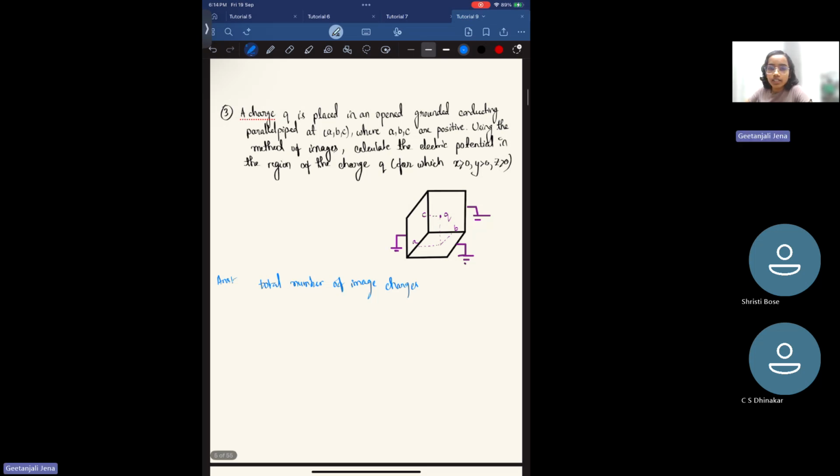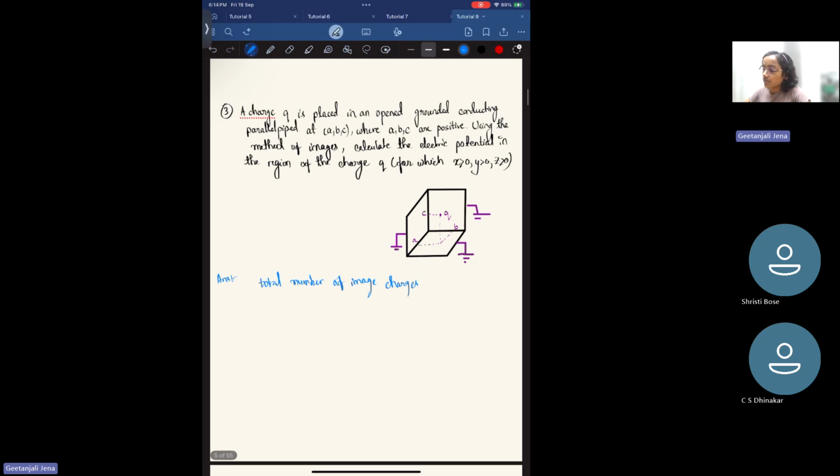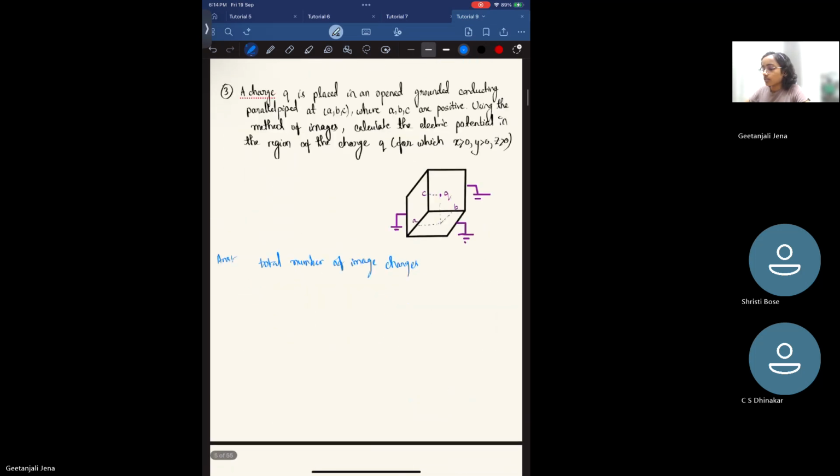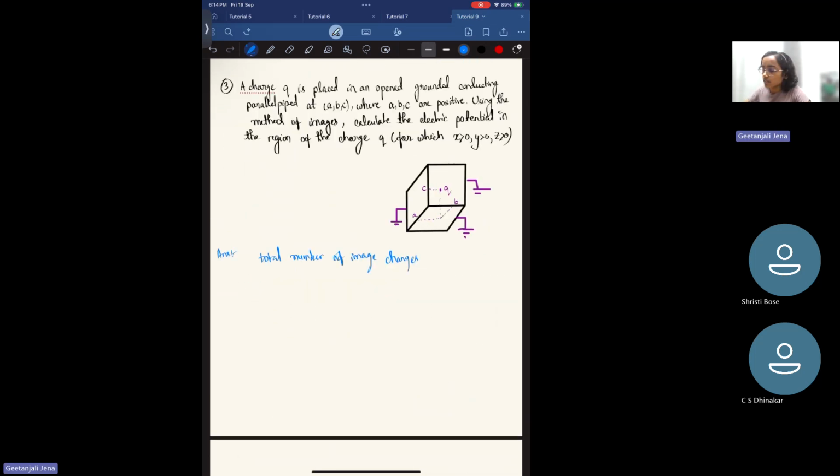Yes, there would be 7 image charges here because if you see, the angle between these planes is 90 degrees. For a 90-degree angle, you will have 3 image charges. So for this plane, you will have 3 image charges, and for these two planes, this and this, you will have 3 image charges, but one of these image charges we already have considered for the earlier plane.